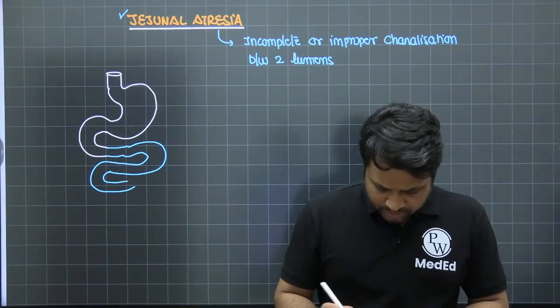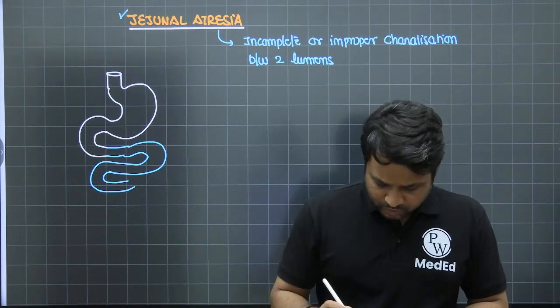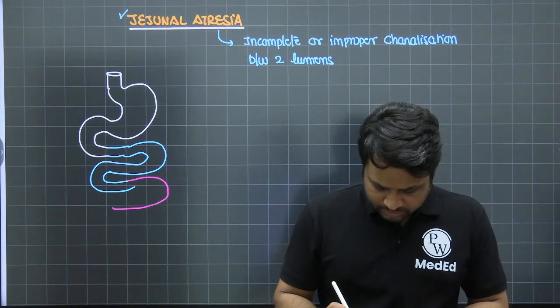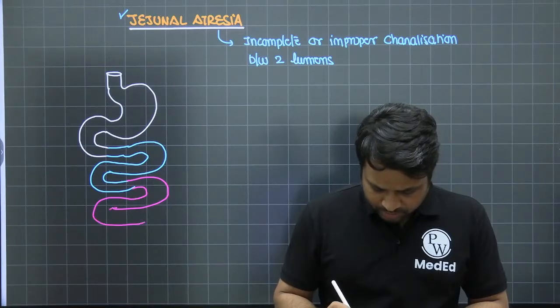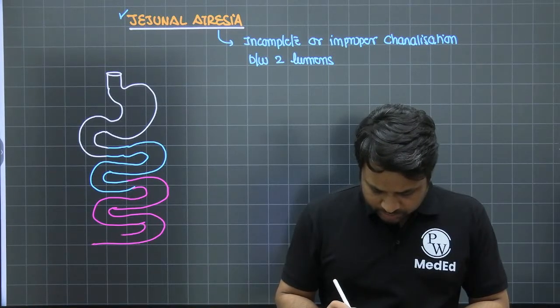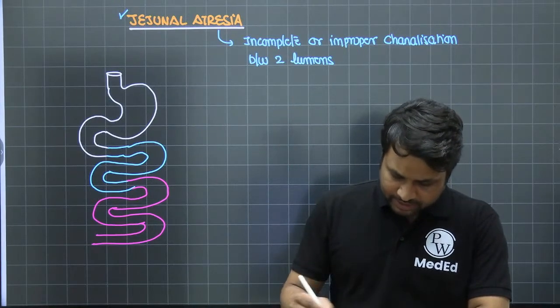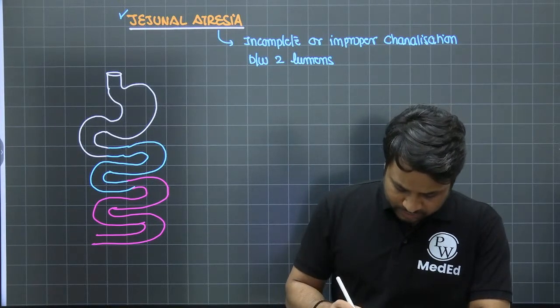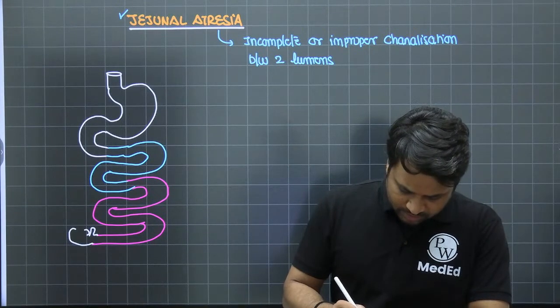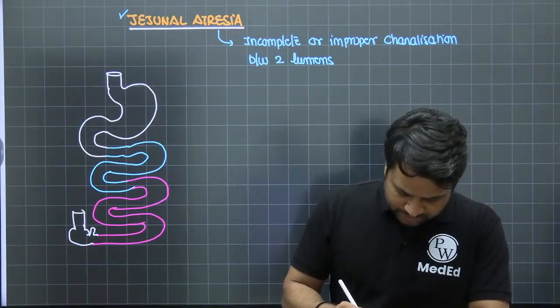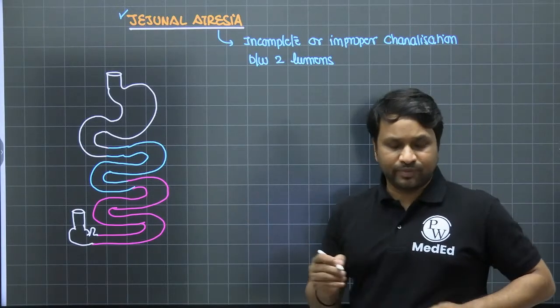From the jejunal limb you have the ileum, and this is the terminal ileum. The 60-40 ratio we've already discussed before. At the end of the terminal ileum you have the appendix and the cecum, and the ascending colon.